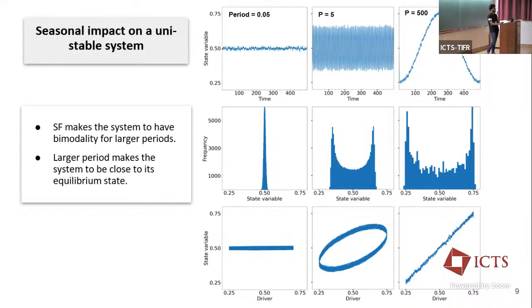Which implies the time scale of the period and the time scale of the system have a relative role, and it has something to do with the dynamics which happen in the system.